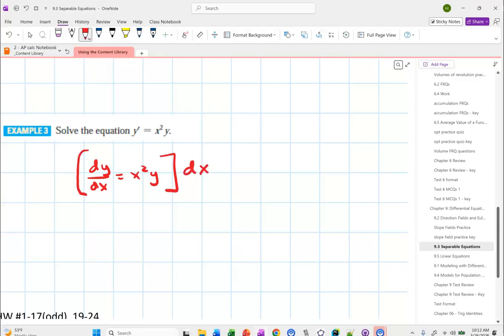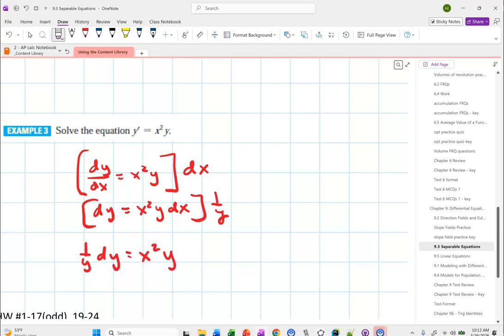Good, multiply by dx. And then we'll divide by y, I'll write that as 1 over y if that's okay with everybody else. Feel good? We're separated, so we can integrate both sides.